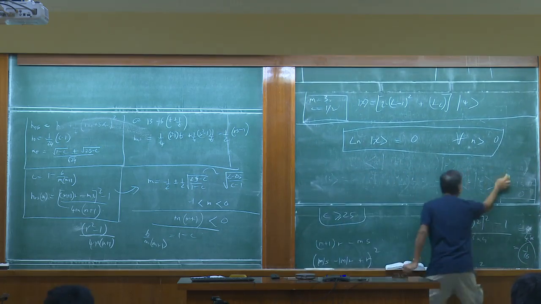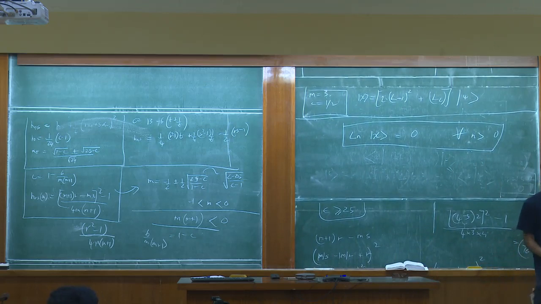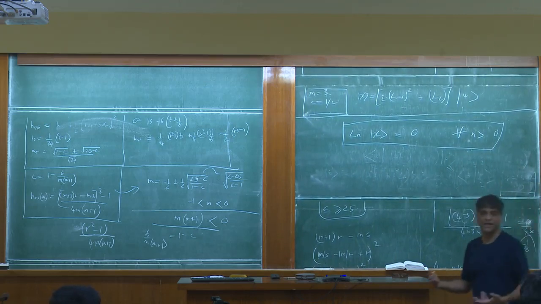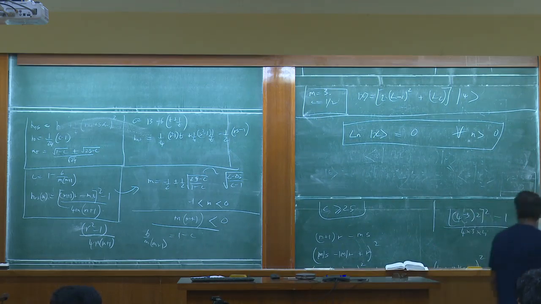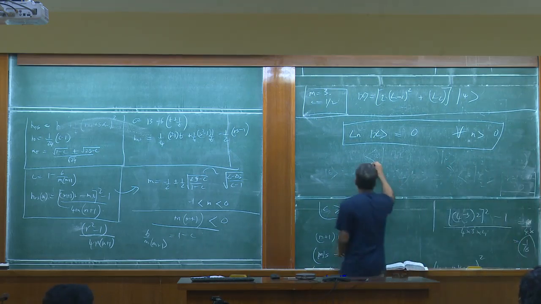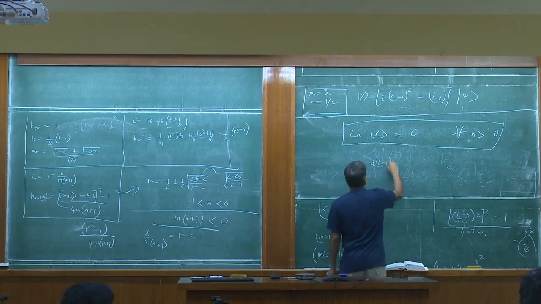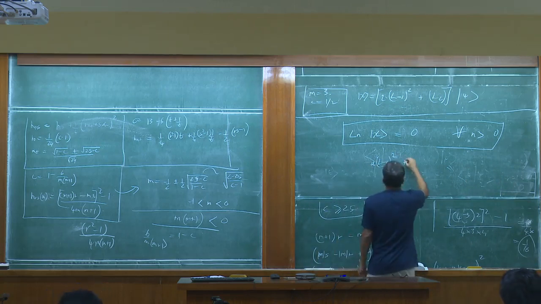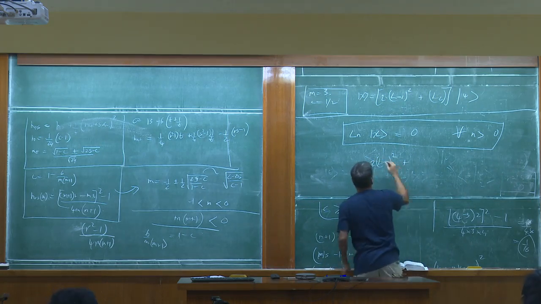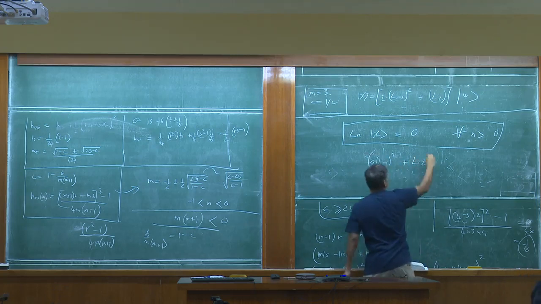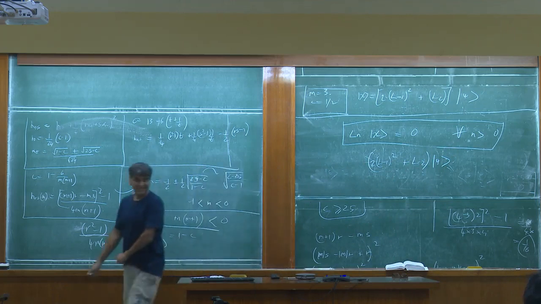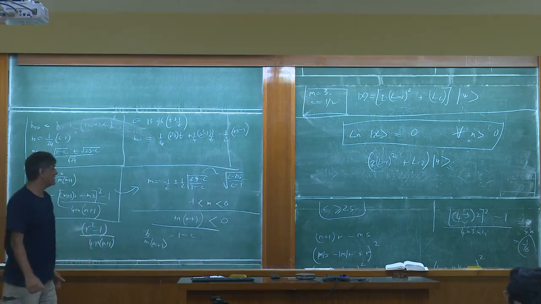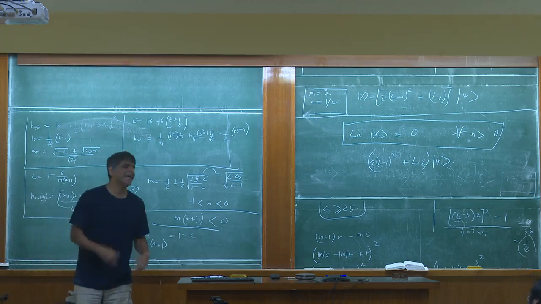Let us try to make a state at level 2 that is both a descendant and a primary. So let us try to make a state of the form a into L minus 1 the whole thing squared, plus eta into L minus 1 the whole thing squared plus L minus 2 acting on psi. The condition that it's a primary is the condition that it's annihilated by L1 and L2.